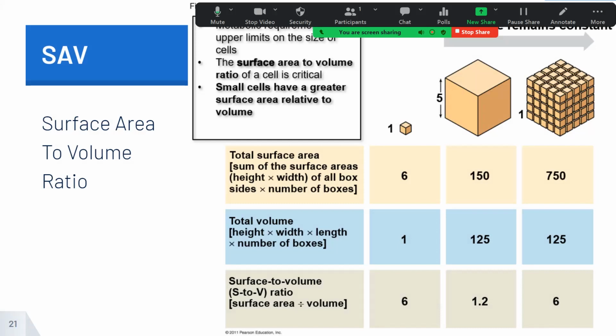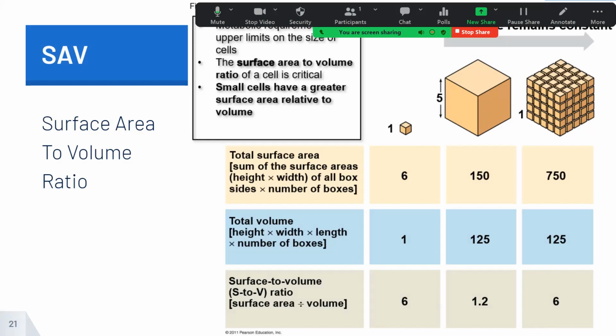And so we need to look at surface area to volume ratio, and that ratio plays a very important part when we're looking at cells. Cells are typically small because they need to get nutrients into the cell. They need to get oxygen in, they need to get carbon dioxide out, they need to get waste out.